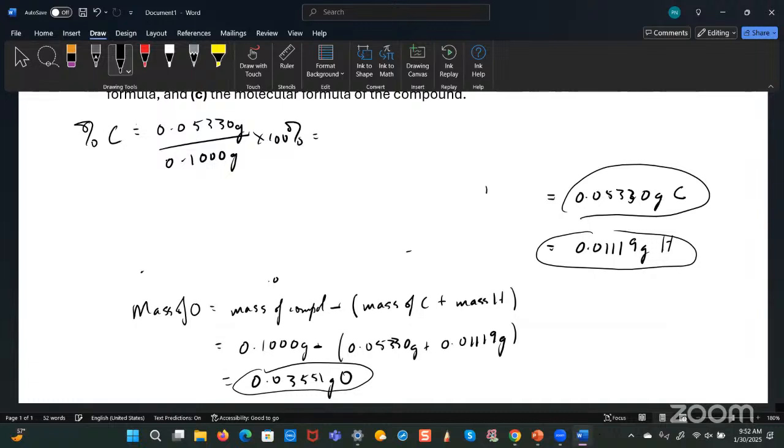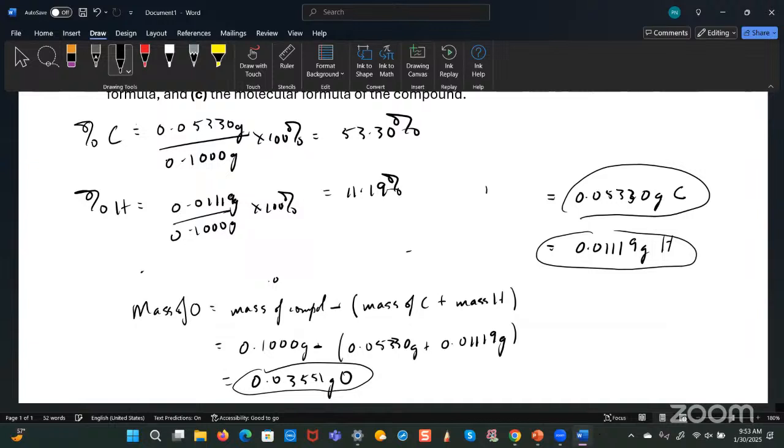And from the look of things, that would be 53.30%. In the case of hydrogen, percent of hydrogen, that would be 0.01119 grams divided by 0.1000 grams times 100%.